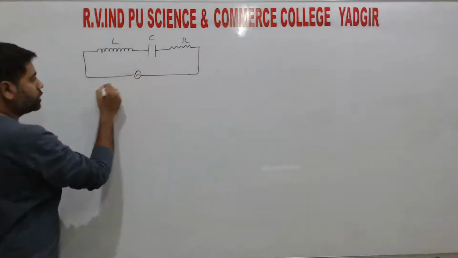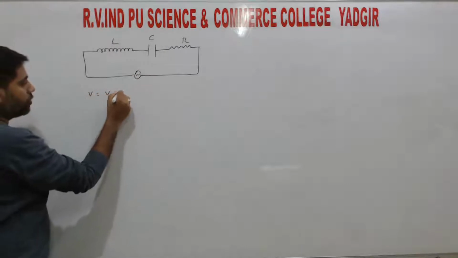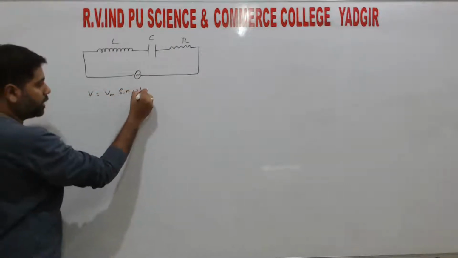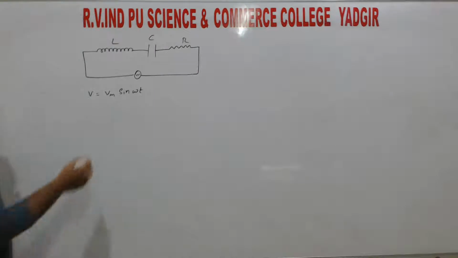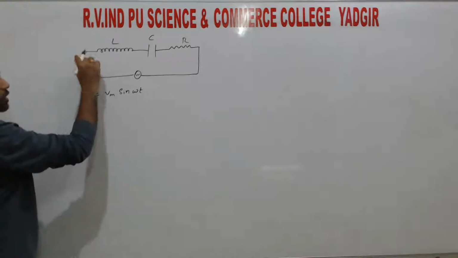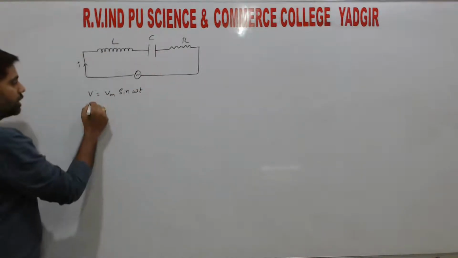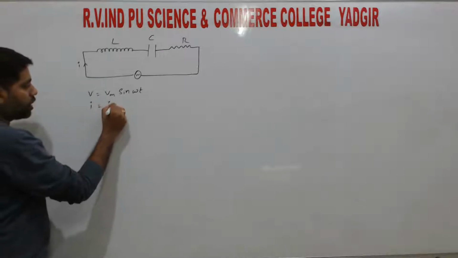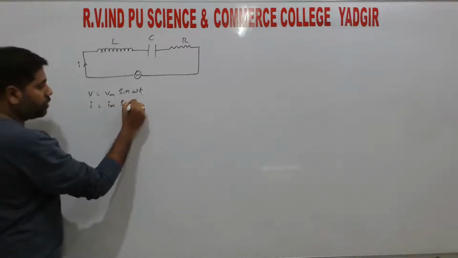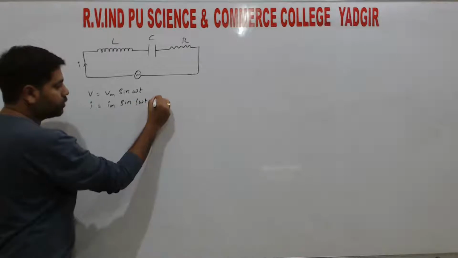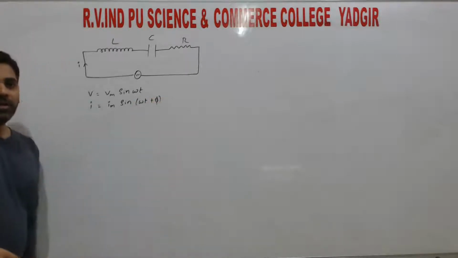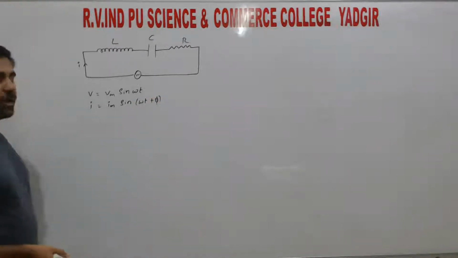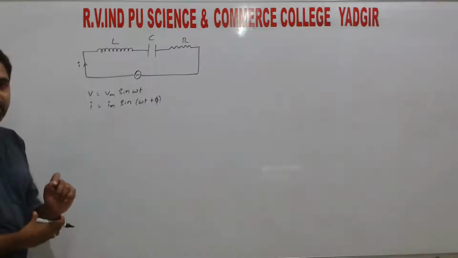The applied voltage is V equals Vm sin omega t, and in the last class we proved that the current flowing in the series LCR circuit is I equals Im sin of (omega t plus phi), where phi is the phase difference between the current and voltage in the series LCR circuit.